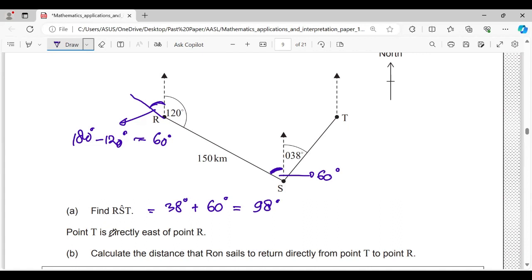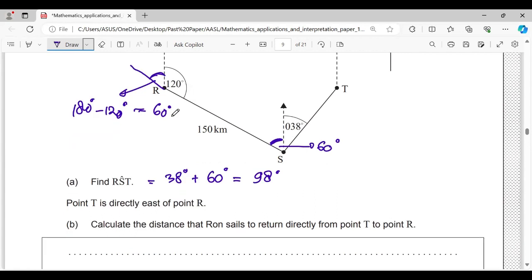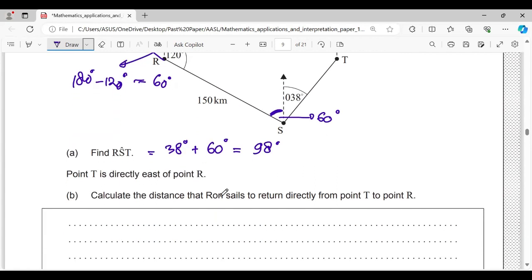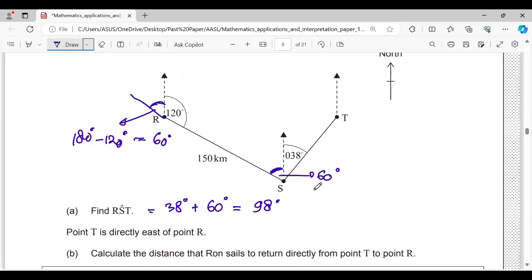Point T is directly east of point R. Okay, the direction to the east of this point R. Calculate the distance that Ron sails to return directly from point T to point R. So Ron returns to R from T, like this.